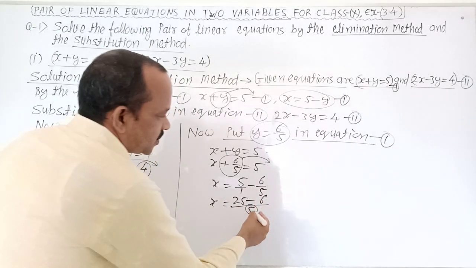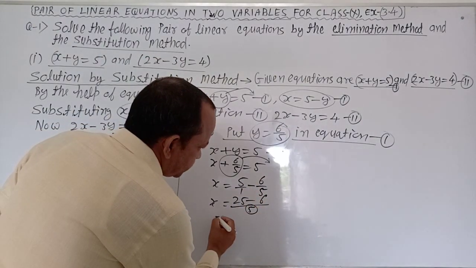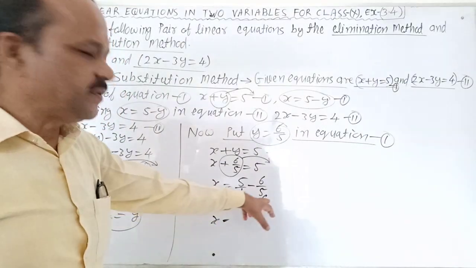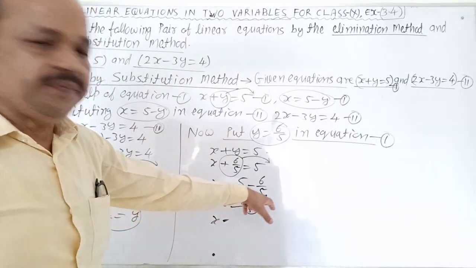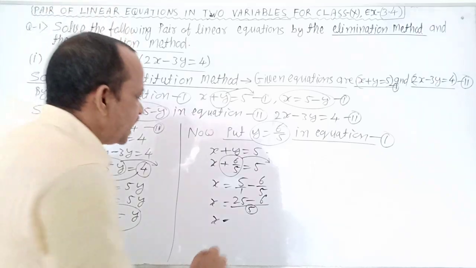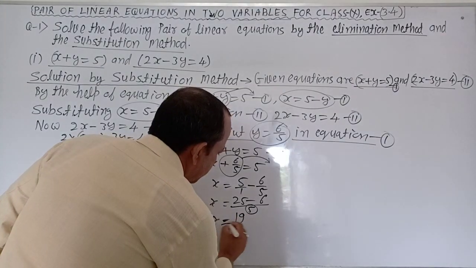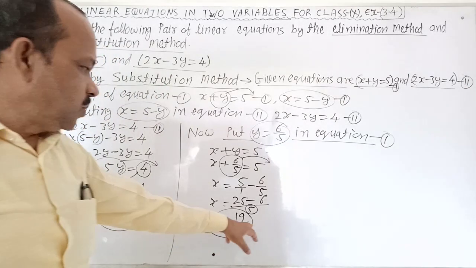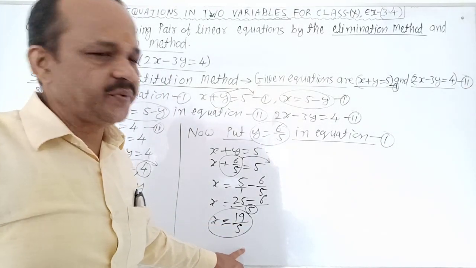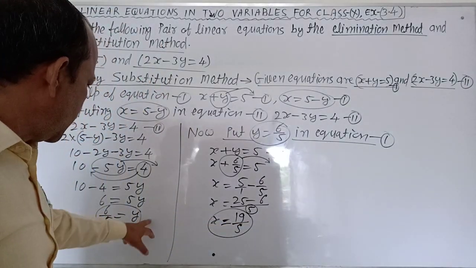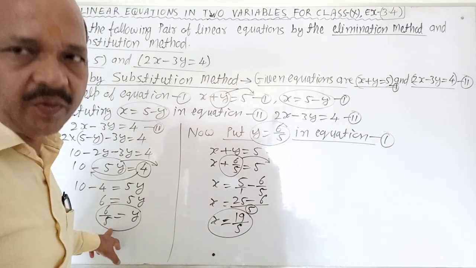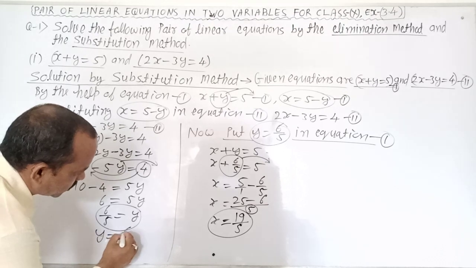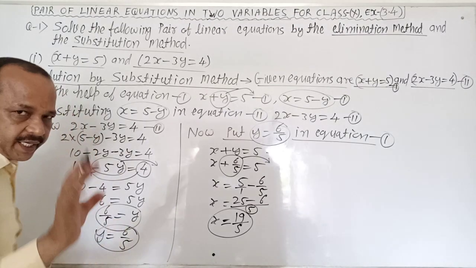Now x equal to, here you subtract 25 minus 6, it becomes 19. 19 by 5. You find x equal to 19 by 5. And here you find y equal to 6 by 5. Clear?